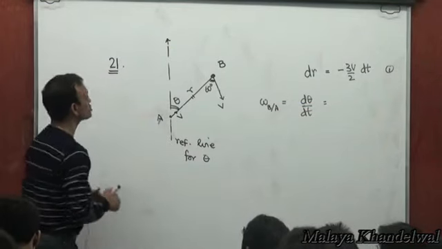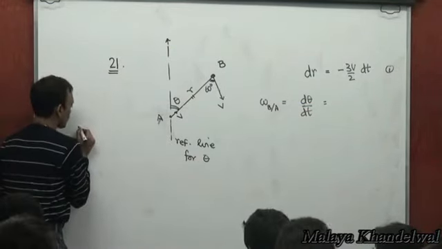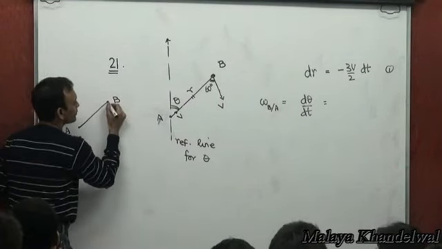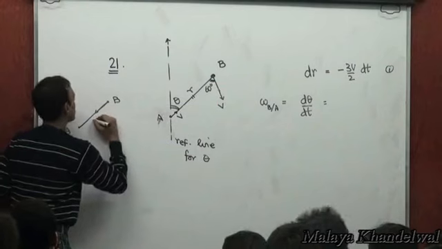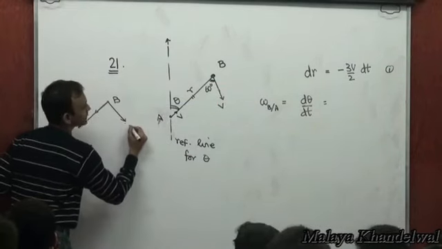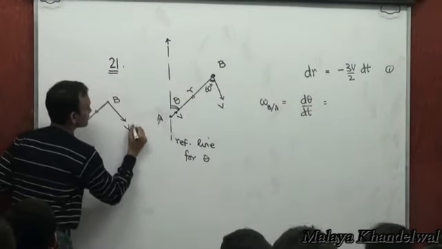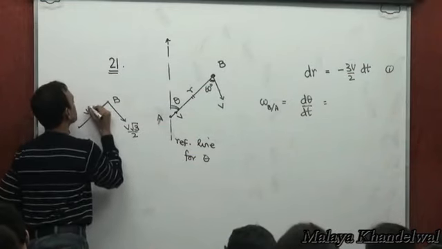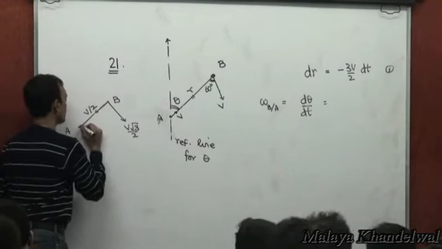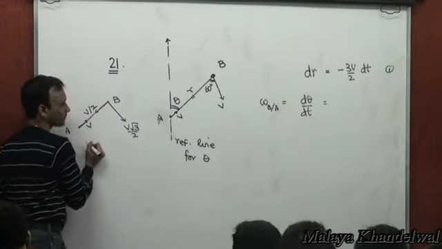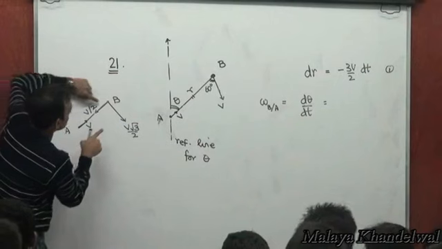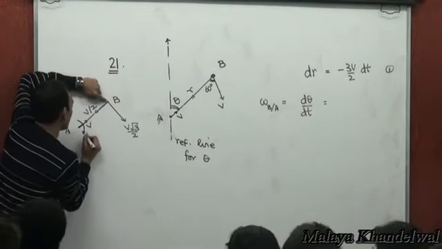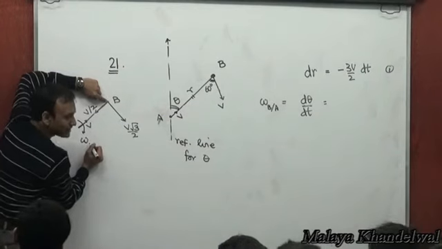And what will cause d theta dt? This is A, this is B. The velocity of B could be resolved as V sine 60 degrees perpendicular to AB and V cos 60 degrees along AB. Do you realize that their relative velocity perpendicular to AB will be a measure of omega of B as seen by A? Yes or no?